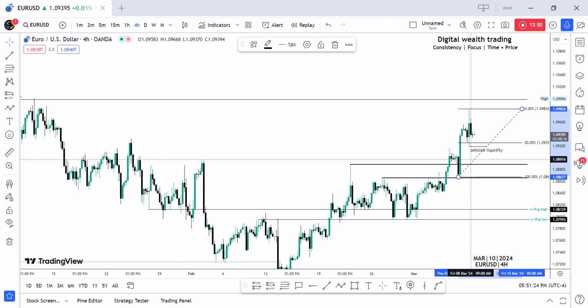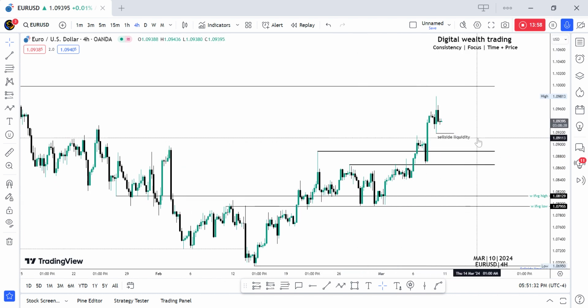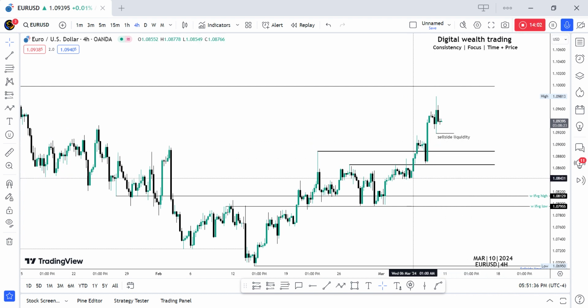I don't want to just add that to my chart because I could see it, but having that bullish order block already in price, then there is a possibility that we're going to see a sweep of liquidity. I want to see the market sweep this liquidity and price into this bullish order block.